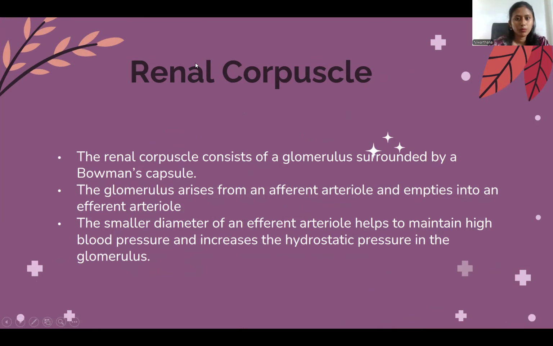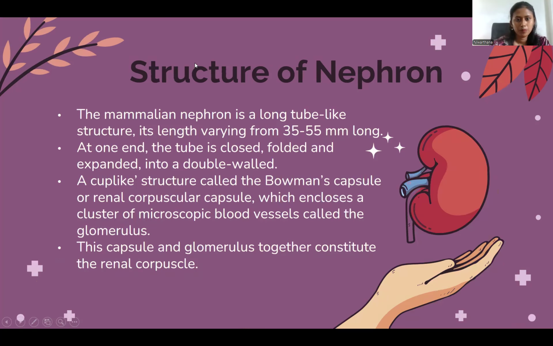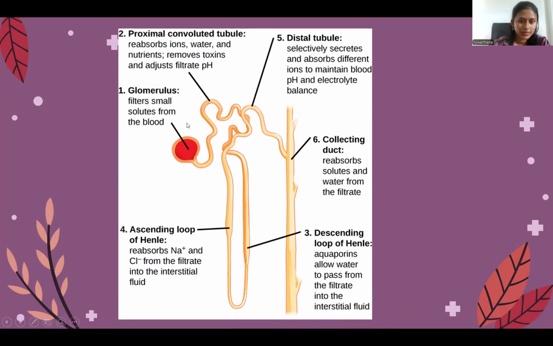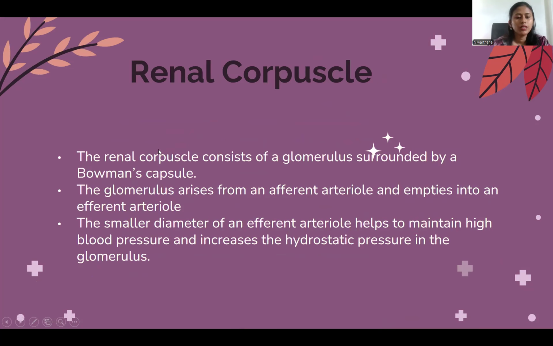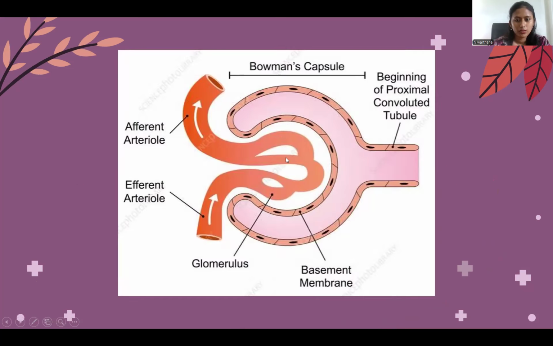Now we are going to talk about the renal corpuscle. The renal corpuscle consists of a glomerulus surrounded by a Bowman capsule.